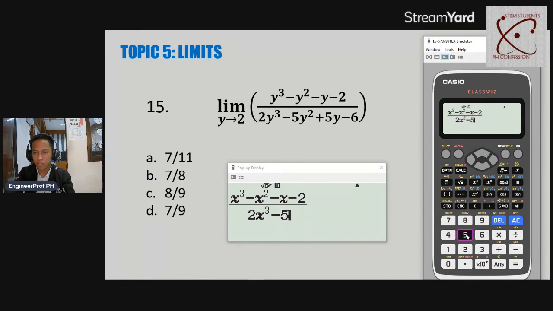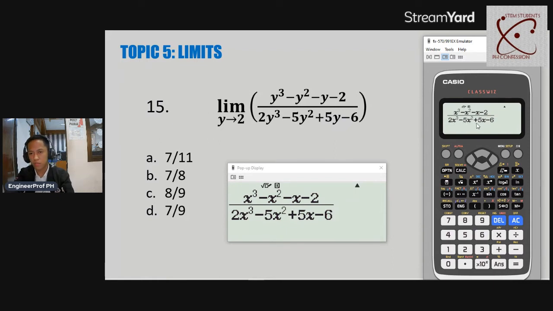Okay, minus 5y squared, so alpha x squared plus 5 alpha, we have here alpha x. So, for y, palitan lang natin ng x. So, minus 6. So, double check the given. Ayan, double check natin. So, 2y cubed minus 5y squared. Okay, tama. So, after that, press again natin si CALC.